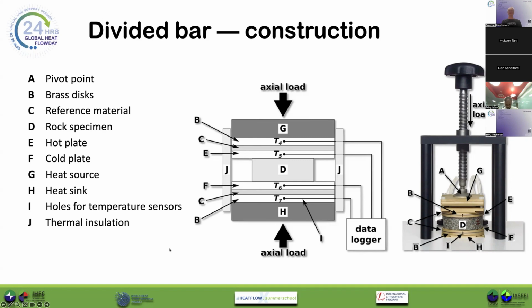So they're really the key features of a divider bar. Divider bars can be very simple, manually operated, measuring temperature manually at each of these points, through to much more sophisticated with digital loggers and precise temperature sensors embedded into the device. But the general principle of a divider bar remains the same, regardless of how sophisticated the actual device is.